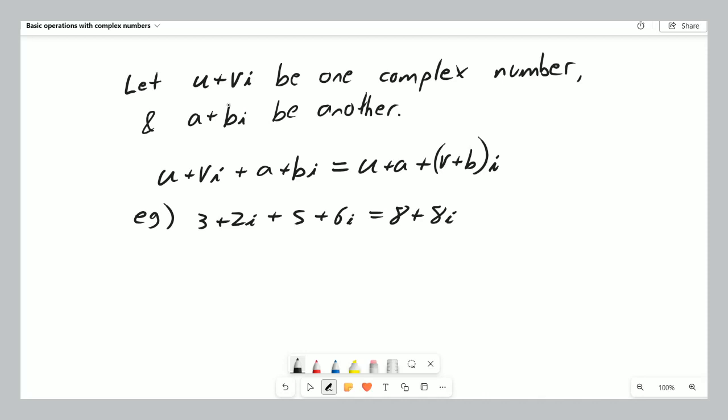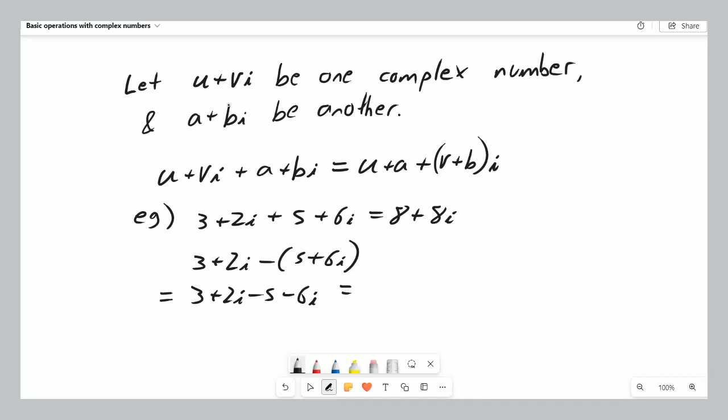Now, if we're dealing with subtraction, well, that's just adding a negative, right? So let's say we have 3 plus 2i minus 5 plus 6i. Well, that's fine. That's just going to be 3 plus 2i minus 5 minus 6i.